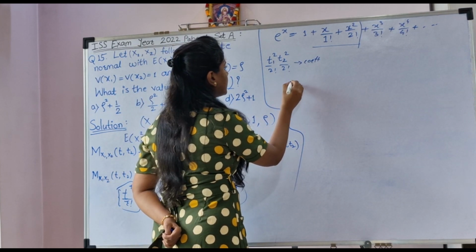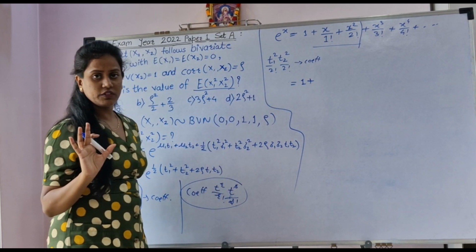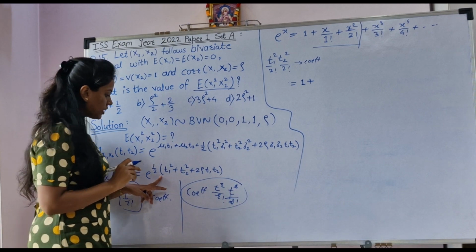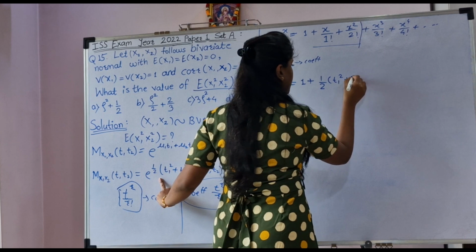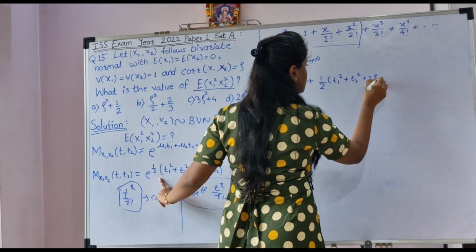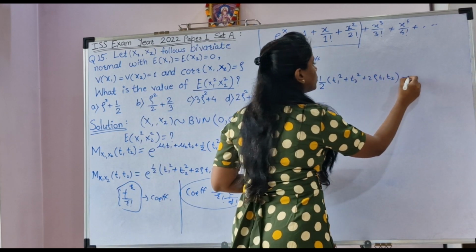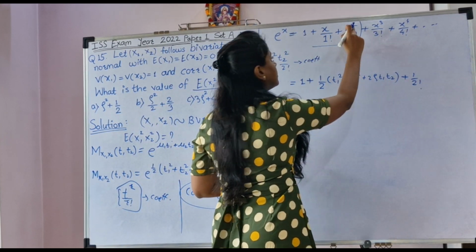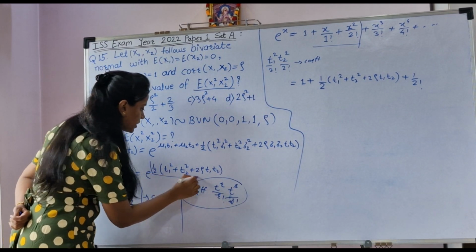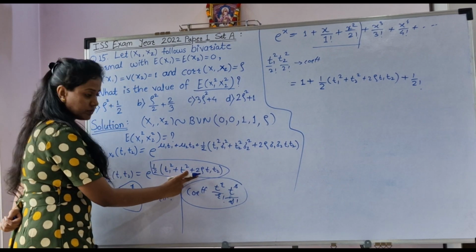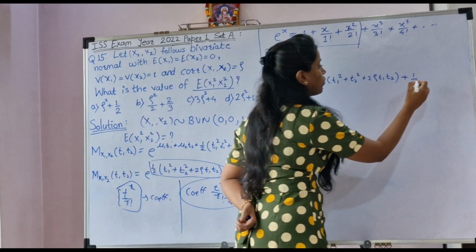So now let's do that. It will be 1 plus x upon 1 factorial, which is x, where x is 1 by 2 times t1 square plus t2 square plus 2 rho t1 t2. Now 1 upon 2 factorial I am writing as it is. We have to take now x square. This is our term, so 1 by 2 square will be 1 by 4.